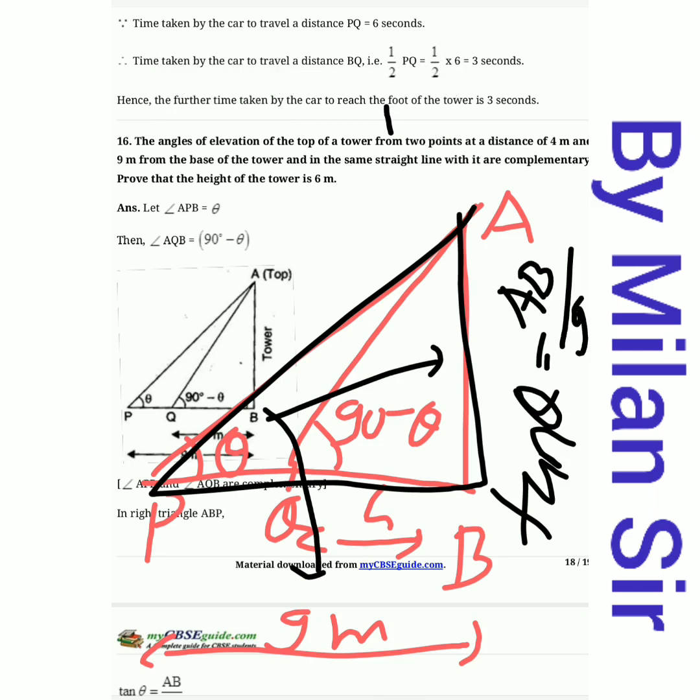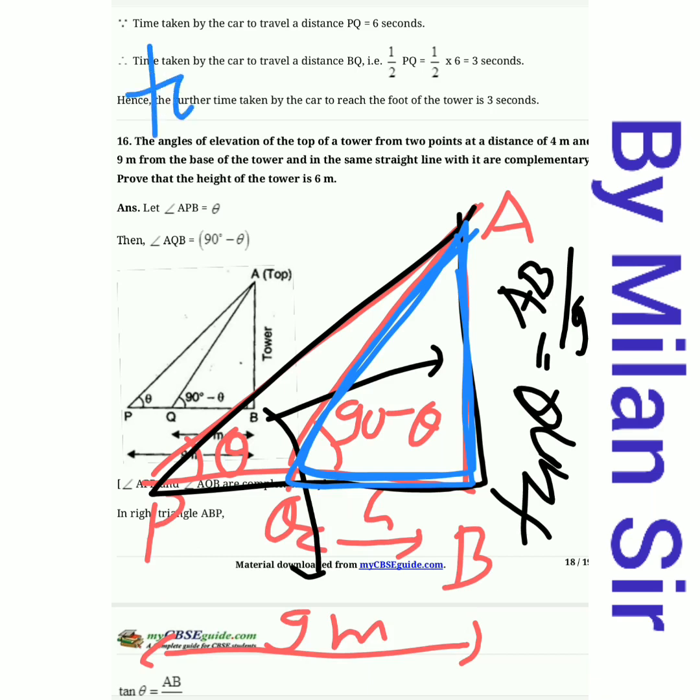Now use the second triangle, this one, AQB. In that, the angle is 90 minus theta. Again we need to find AB, the opposite side. We know the adjacent side QB, it's 4 meter. So again we use tan here.